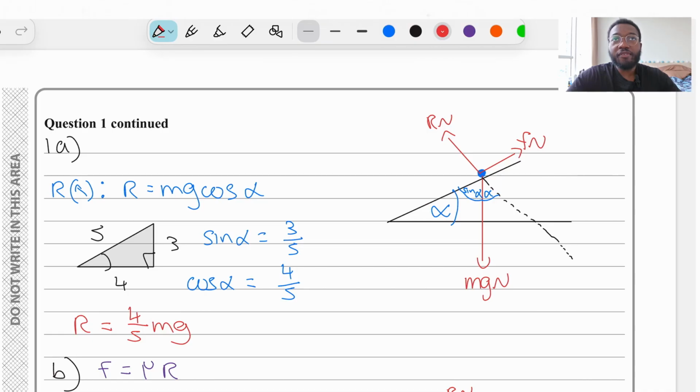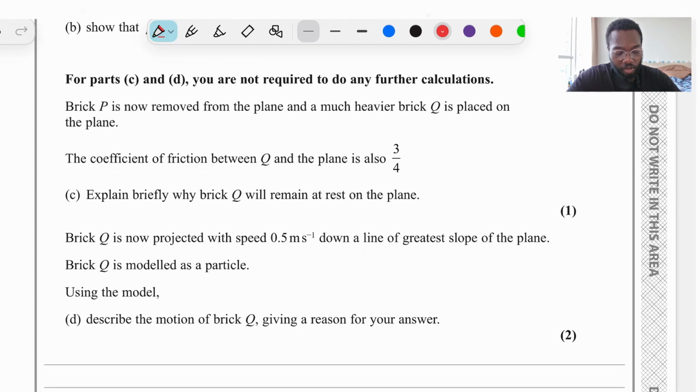Therefore, if we have a larger or bigger mass, it means we'll have a bigger weight, which will then mean that our normal reaction will also increase. But it also tells us that our coefficient of friction stays the same. So because everything's still going to be balanced, it's all proportional with each other.